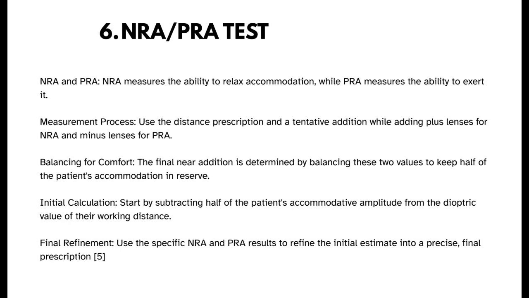NRA is determined by adding plus lenses until the patient can no longer read the fine print, and PRA is determined by adding minus lenses until the patient can no longer read it. The near add is set by balancing NRA and PRA, which maintains half of accommodation in reserve. So the formula to check the power is NRA plus PRA divided by 2. It will give the near add power.